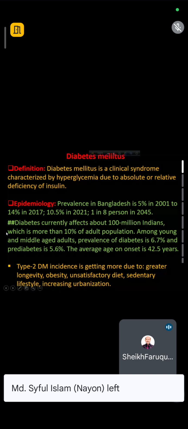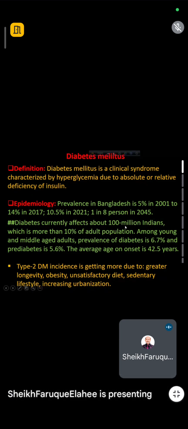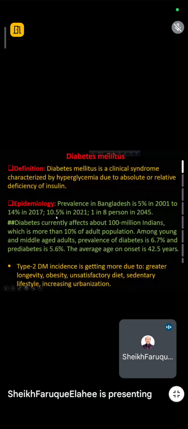In India, there was a study also. In India they said there are 100 million Indians who have diabetes. And more than 10% of the adult population has diabetes, almost like Bangladesh. Bangladesh has 10.5%, India has 10%. Okay, now there is a classification of diabetes, types of diabetes.